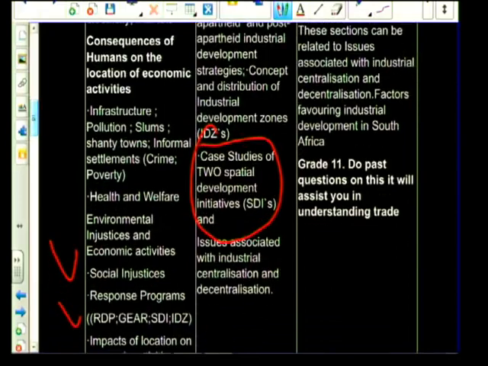Now, one thing you will note that these sections can be related to issues associated with industrial centralization and decentralization, factors favoring industrial development in South Africa. So your industrial decentralization, which is shown in the past and the present, will not just be done as concepts, but will be related to South African situations.